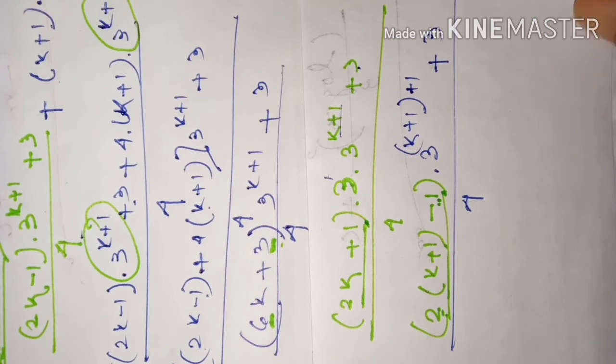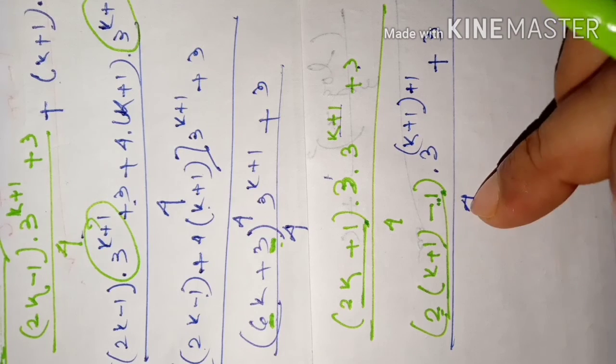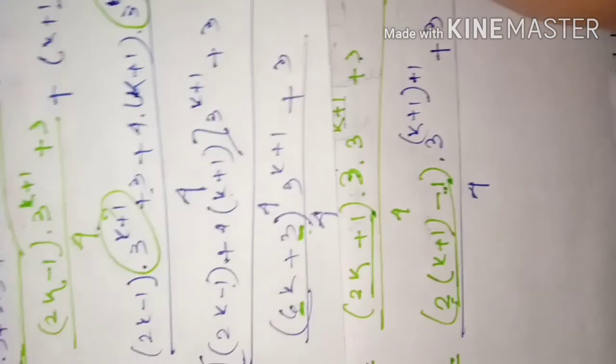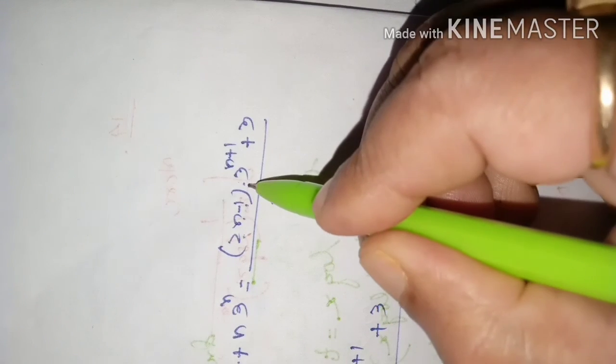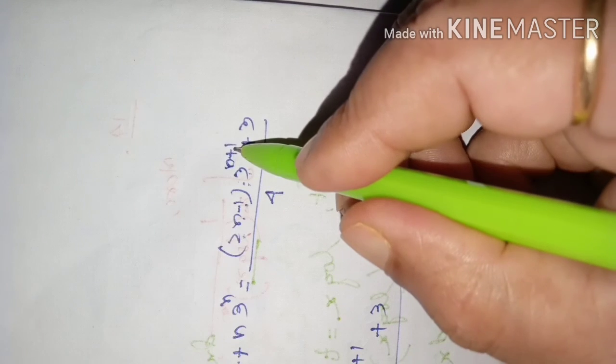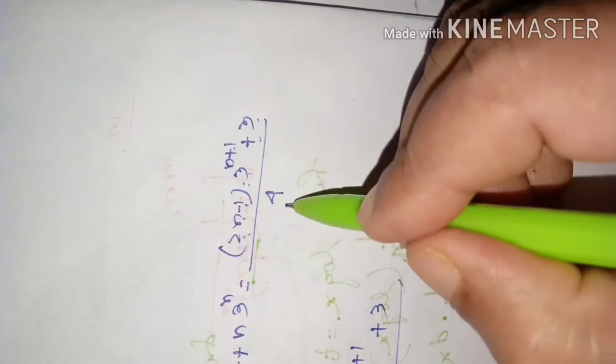Now dear students, compare this expression with the original expression, that is, the expression of the given statement. Here you see, it is 2 into n minus 1, and outside 3 to the power of n plus 1, plus this extra 3 divided by 4.